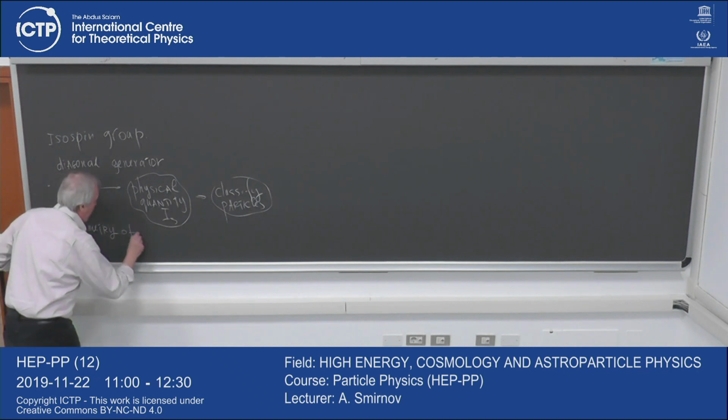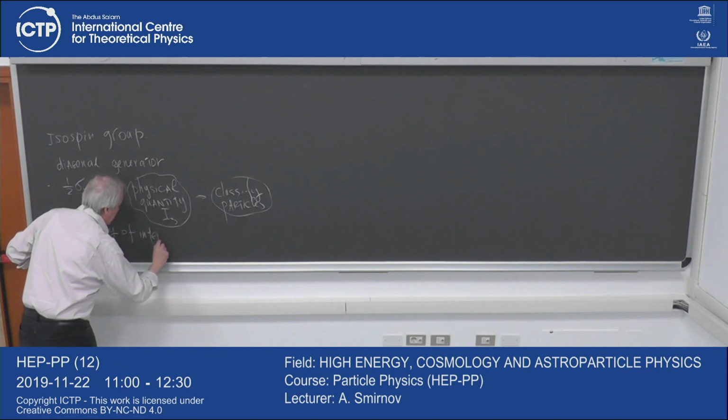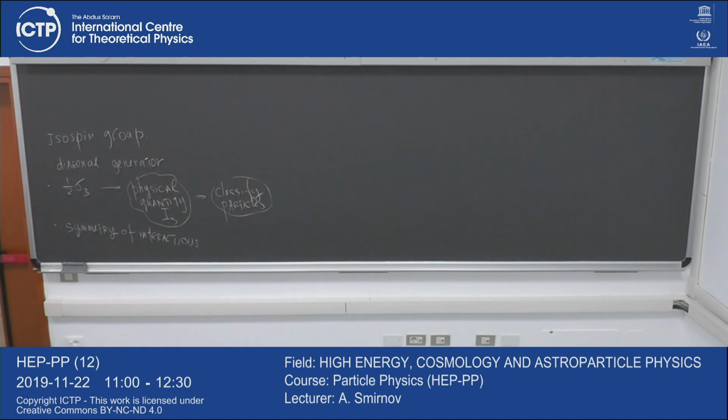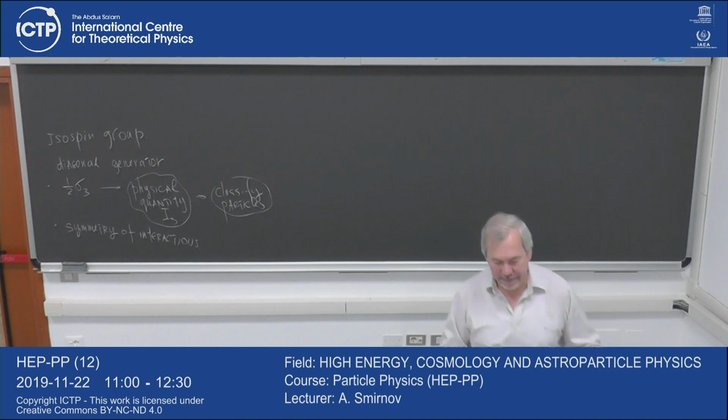Formally, this means that if you do transformations of the fields or particles involved, then the Hamiltonian which describes interactions is invariant. Okay? Again, let me repeat that the form of the Hamiltonian in terms of the initial fields and transformed ones is the same. This is what we call invariance.